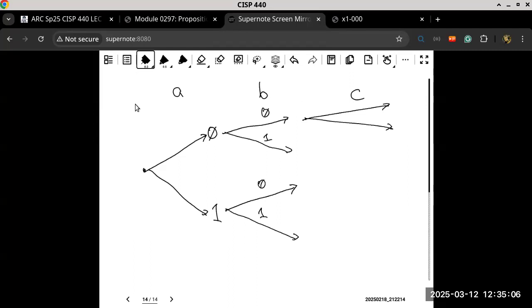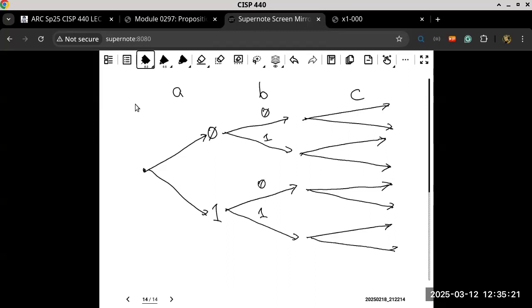When A is false, B is true, C can be false or true. When A is true, B is false, C can be false or true. And when A is true, B is also true, C can also be false or true. False, true, false, true, false, true, false, true.